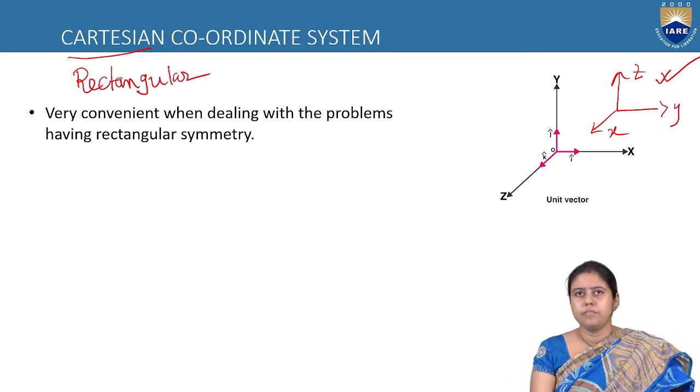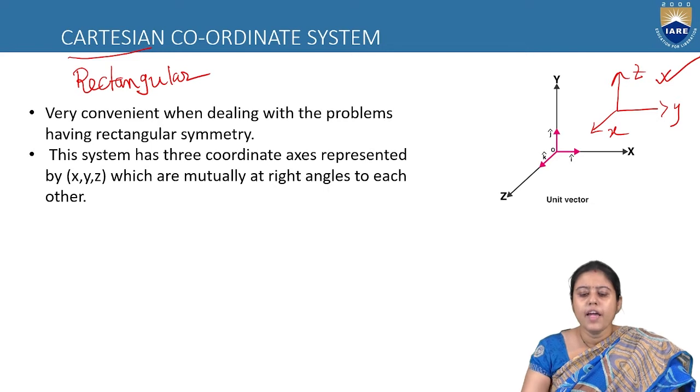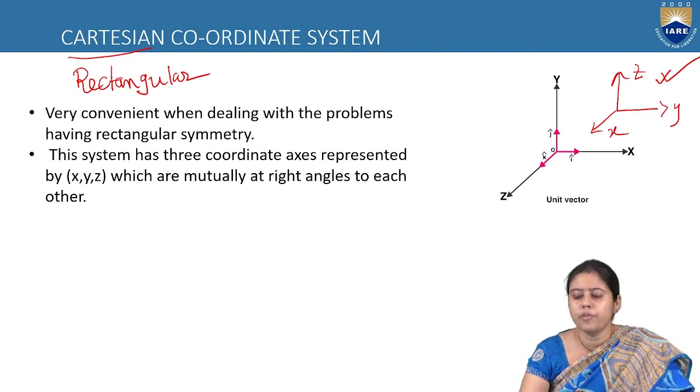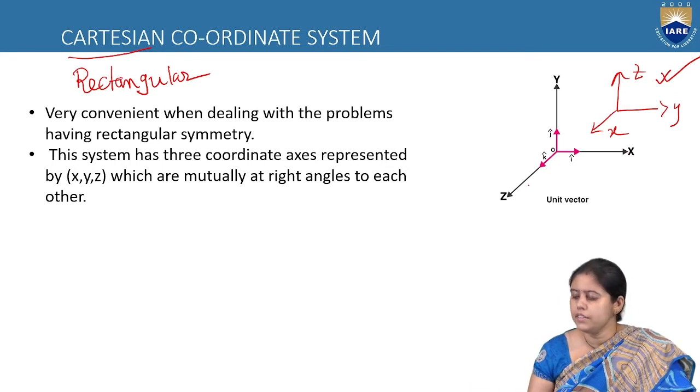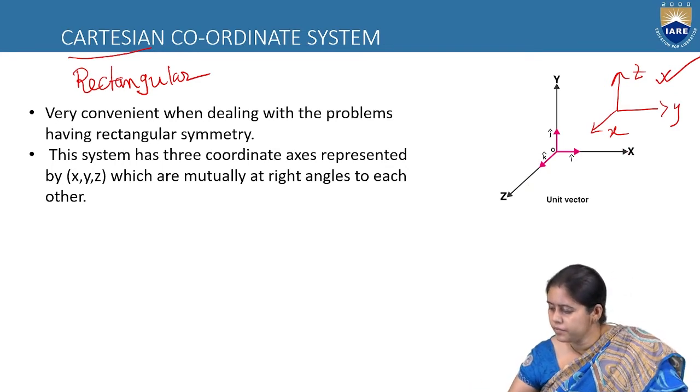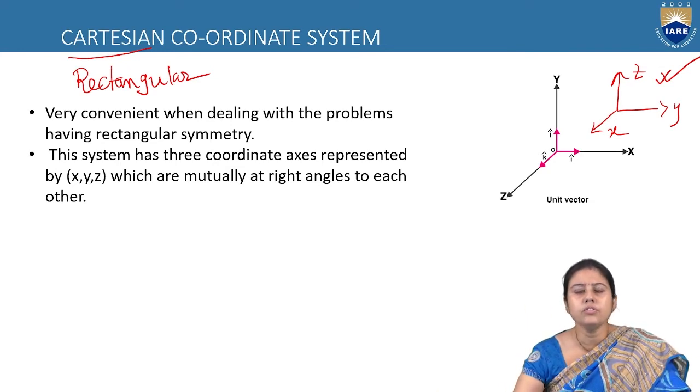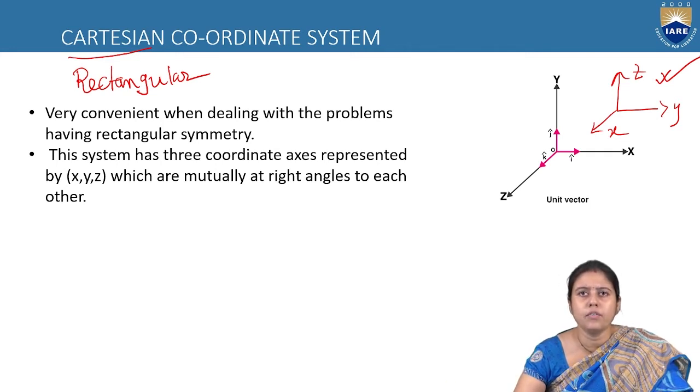coordinate system. As I discussed earlier, the system has three components: one is x, one is y, another one is z. The system has three coordinate axes, and they are mutually perpendicular to each other.